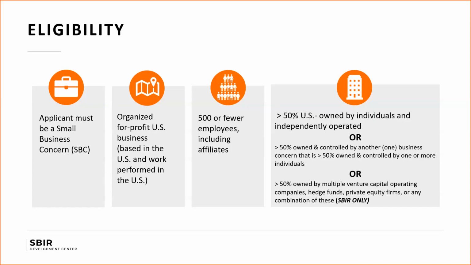Small businesses that have venture capital funding, where the majority ownership is a venture capital or private equity firm or something along those lines, are eligible to apply only for the SBIR program, not the STTR program. And there are a few caveats there. I'm not going to go into that because really no one who has that makeup would be eligible to apply for the Small Business Transition Grant. But if you're on this webinar and that applies to you, I would encourage you to reach out to a program director and talk more.